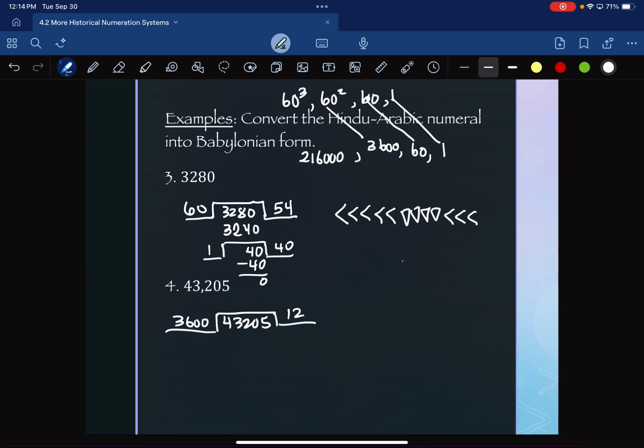And if I multiply 12 by 3,600, I'm going to get 43,200, which gives me a remainder of 5. Now, if I'm going down in place value, I need to divide by 60 next, even though I understand that 60 does not go into 5, which represents a 0 over here. And then I will divide by my 1 to get my 5.